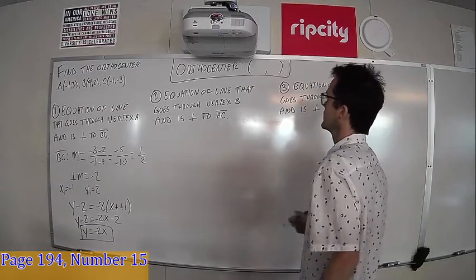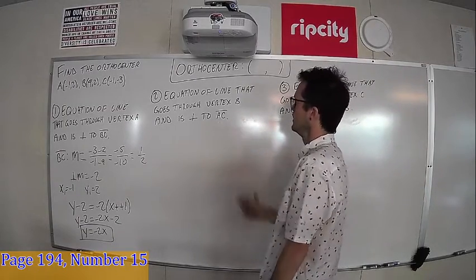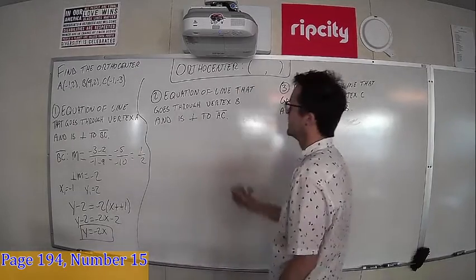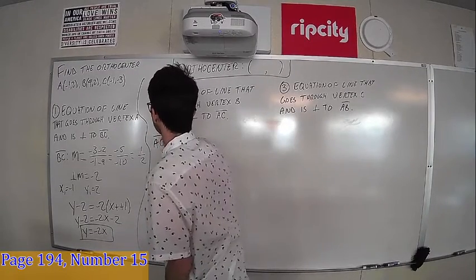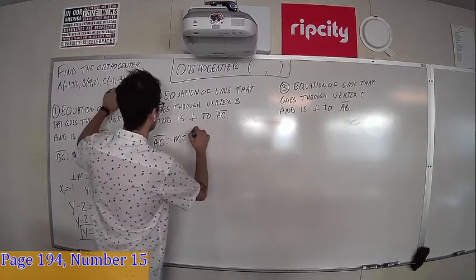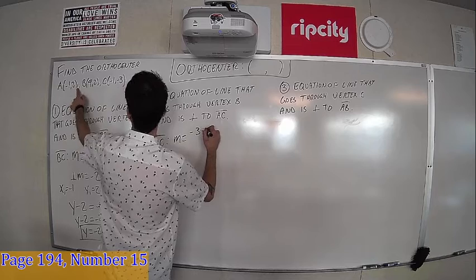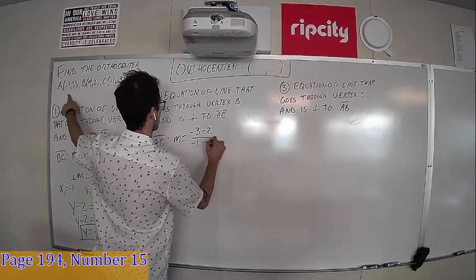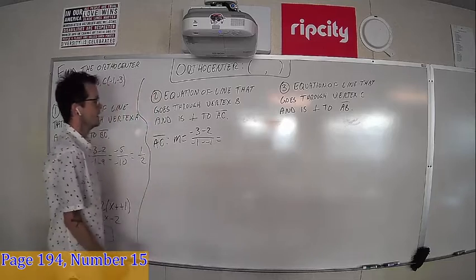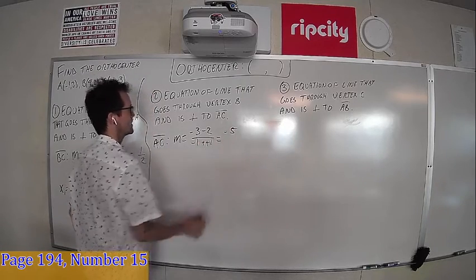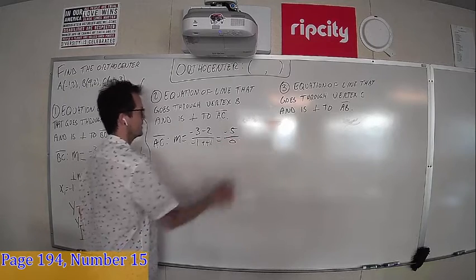Number 2. Equation of the line that goes through vertex B and is perpendicular to AC. So I'm going to do the same thing. AC is the side. The slope of AC is going to be -3 minus 2 over -1 minus -1. -3 minus 2, -5. -1 plus 1 ends up being 0.